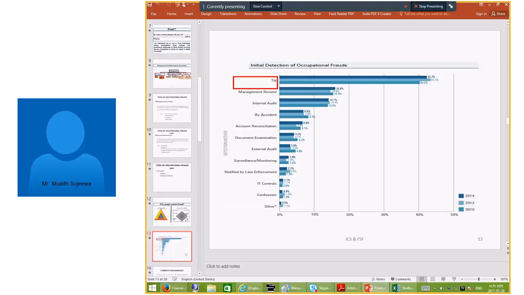So there is a person called a whistleblower. What do you mean by whistleblower? Whistleblowers are the people who are not comfortable with something unethical happening. Therefore they inform the management or responsible authorities that these things are happening. Those are called whistleblowers.